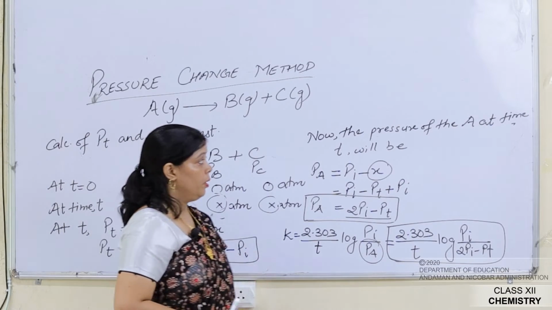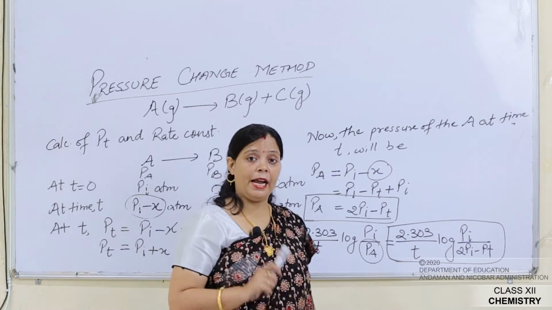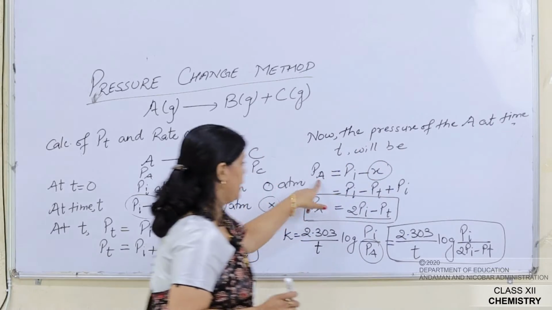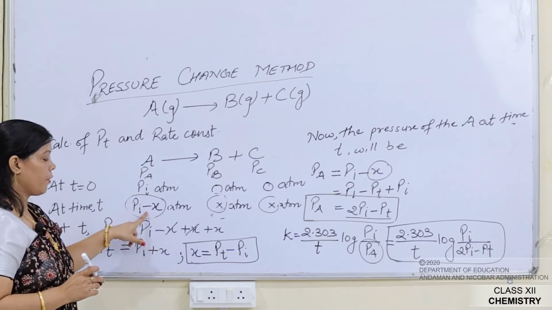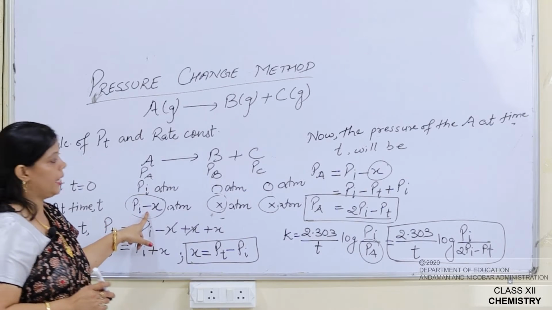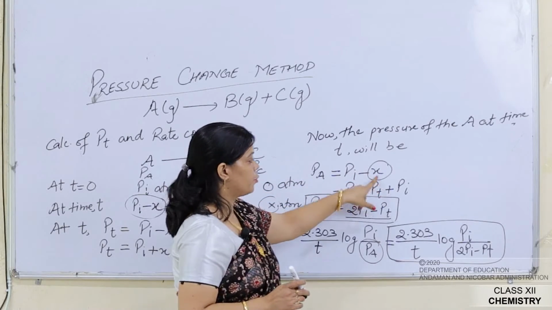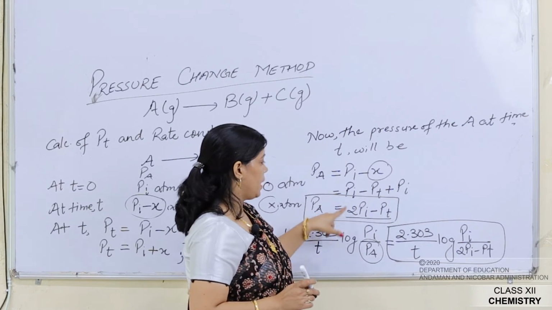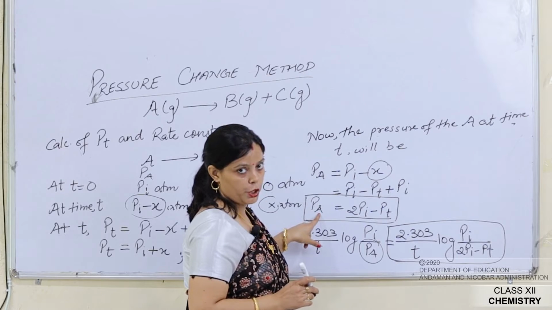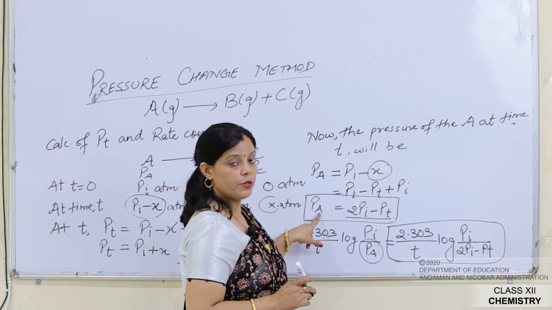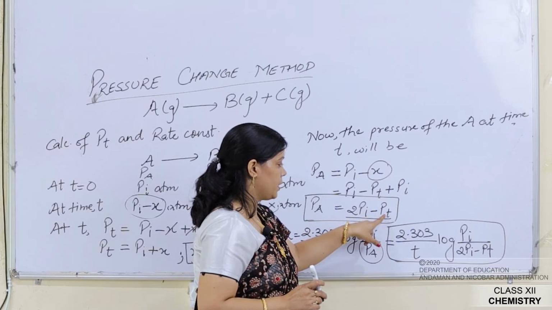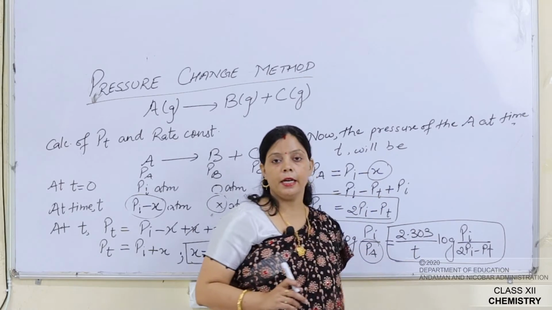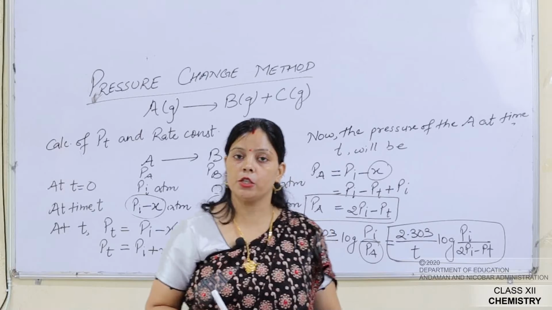Now the pressure of A at time T is Pa, which is Pi minus X. Substituting the value of X, PT minus Pi, we get the pressure of A at time T as 2Pi minus PT, and then I substitute this value of Pa in the integrated rate equation for the first order reaction.